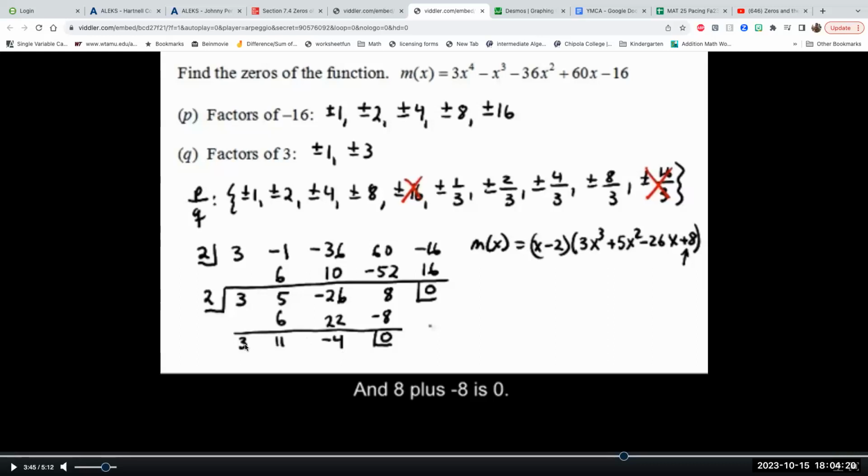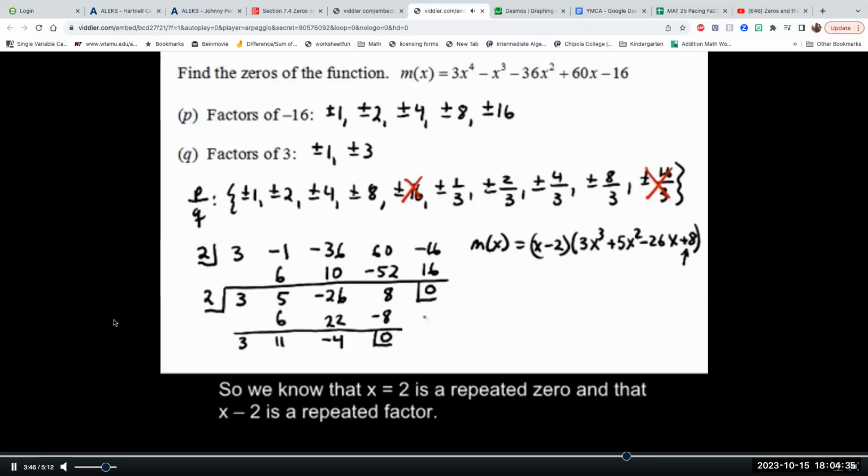So notice now we have another function here, and it's going to be x squared, x, and the coefficient. So this is going to end up being a quadratic that hopefully I could factor. Let's see. So we know that x equals 2 is a repeated 0, and that x minus 2 is a repeated factor.